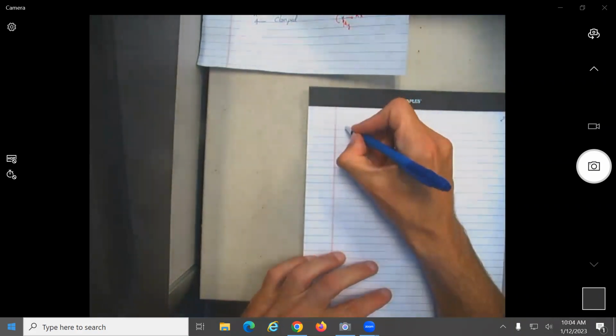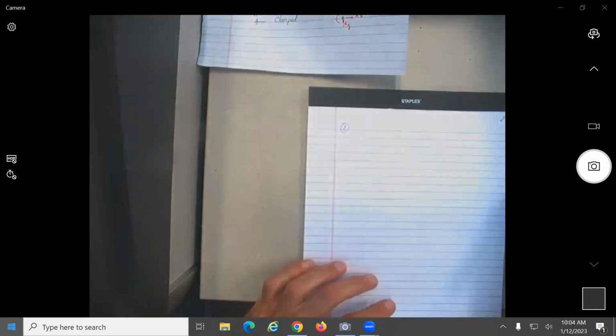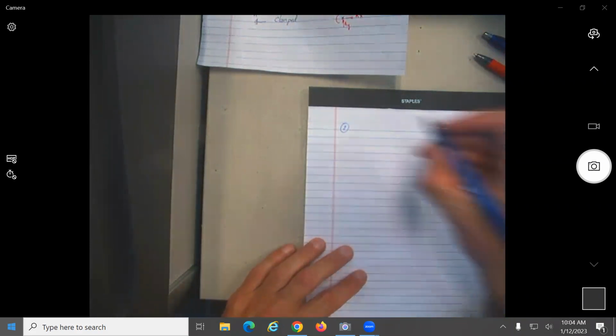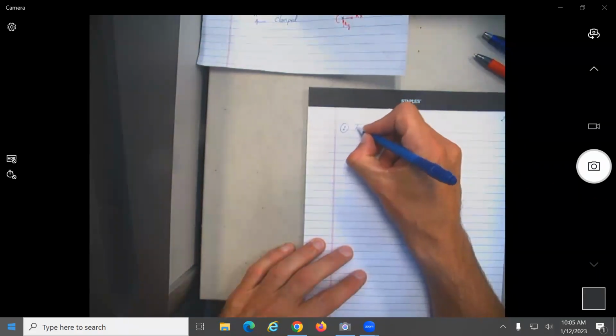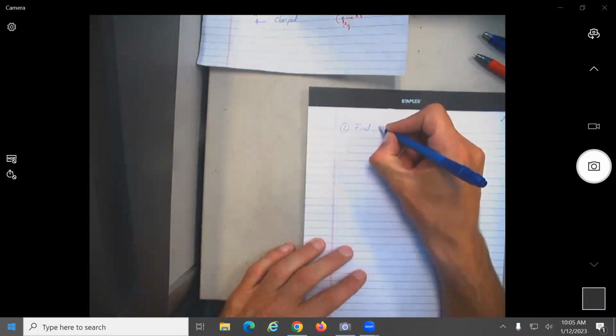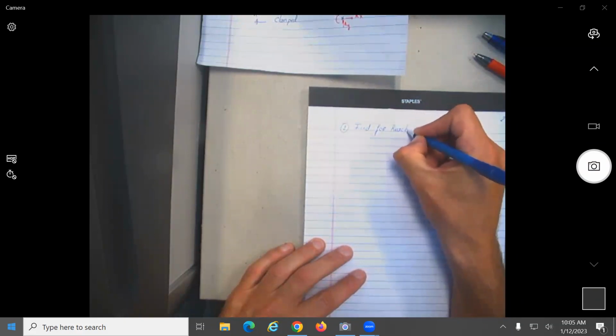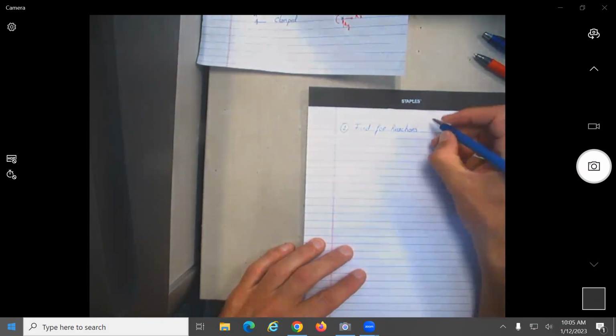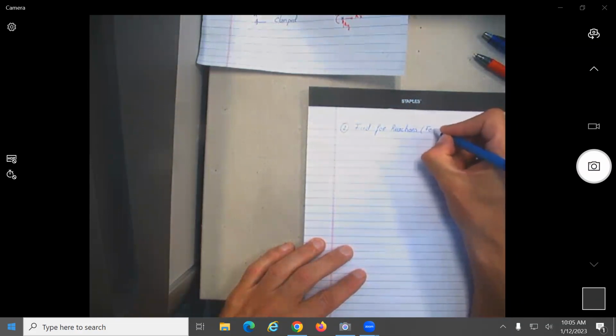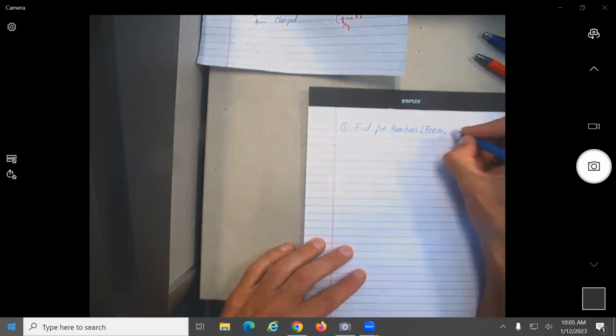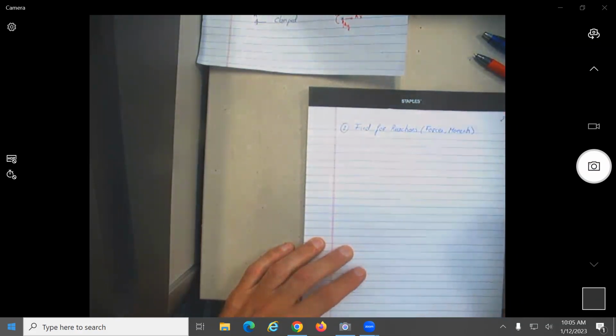what should be step 2? What did you do in statics? Okay, so you need to solve for reactions. I'm going to put here forces, but it can also be moments if it's clamp.